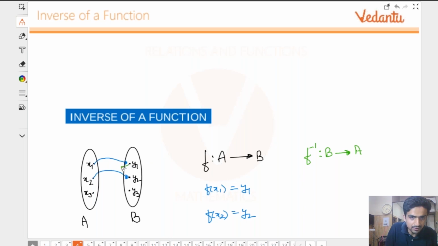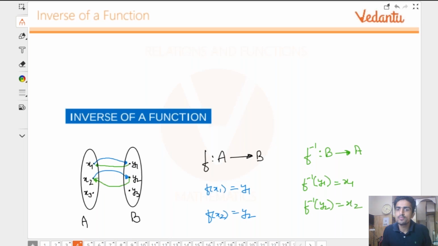That is, it will take y1 back to x1. It will backtrack y2 to x2. That is the basic meaning of inverse, nothing more than that. It will just backtrack f(x).